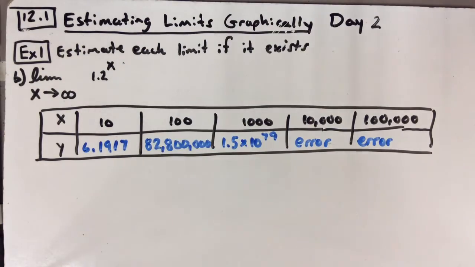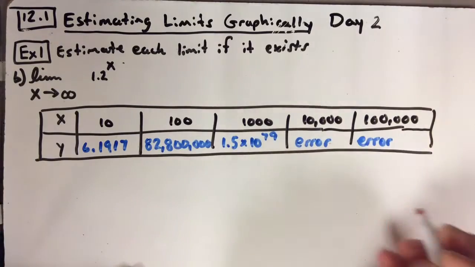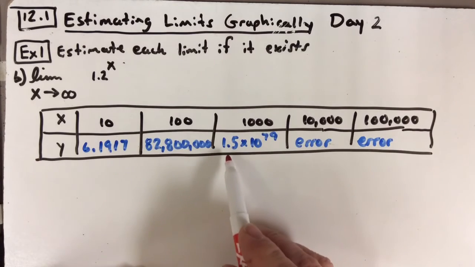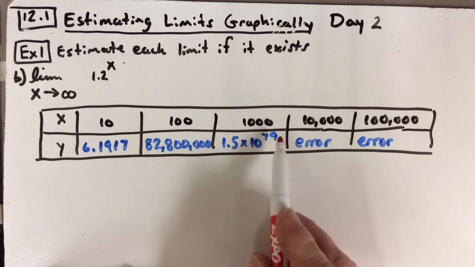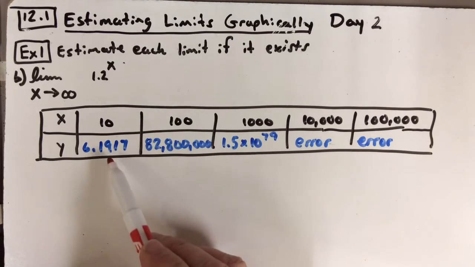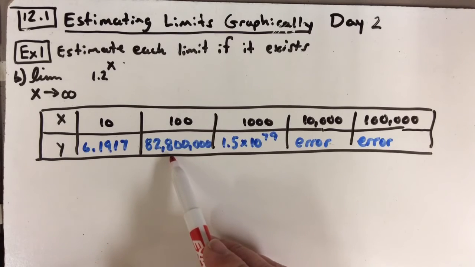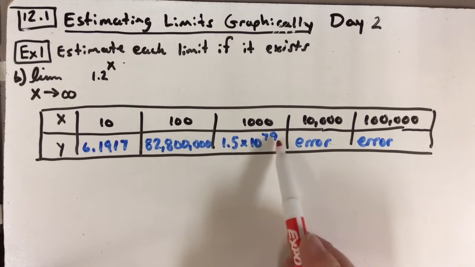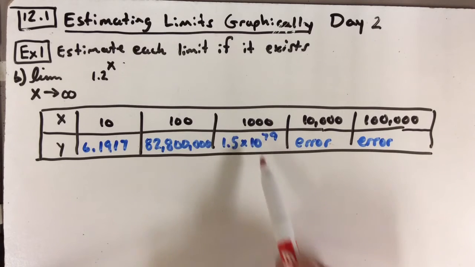There is a number associated with this Y value, but the largest number the calculator is programmed to handle is 9.9 times 10 to the 99th power. So we have 6.2 roughly here, 82 million, almost 83 million here, 1.5 times 10 to the 79th power. That is a huge, huge number.